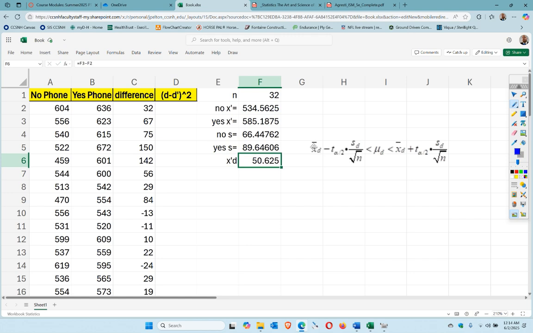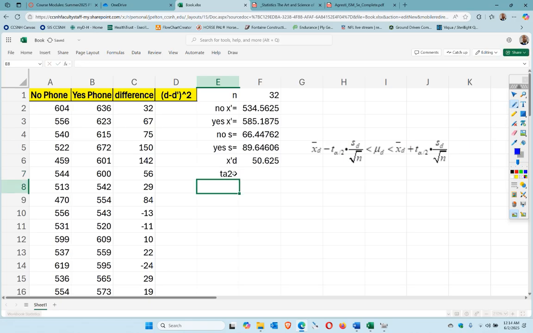So that's this value right here. Then we need our t for the confidence interval. So I guess this would be our t alpha 2.